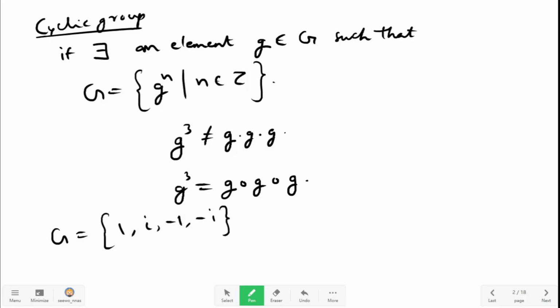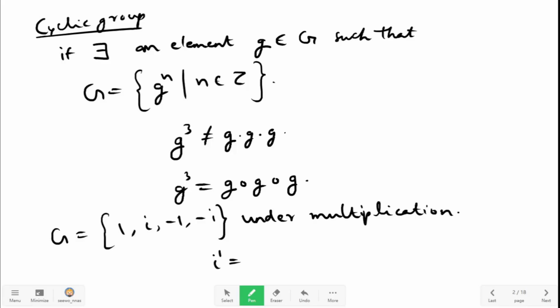Whenever we define a group, we have to specify the group operation as well. So this group under multiplication is a group. Now we say that this group is cyclic. Why? Because we can obtain all the other elements by repeated application of the group operation on the element i.